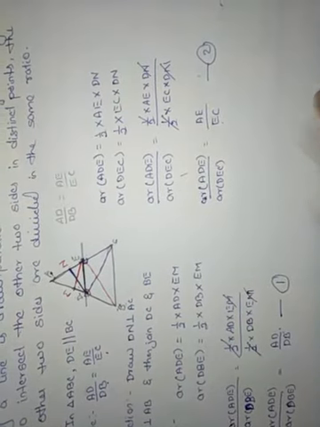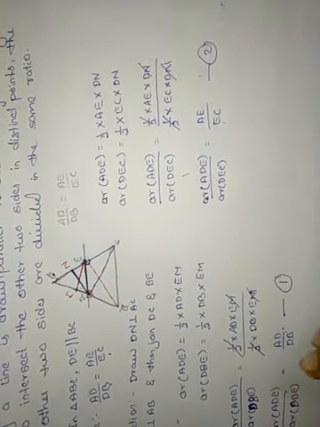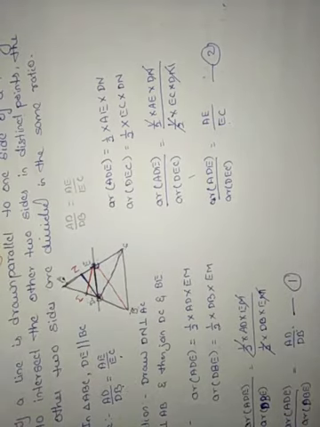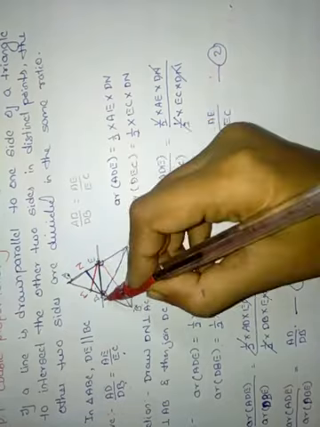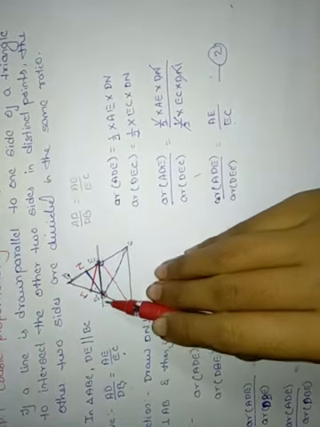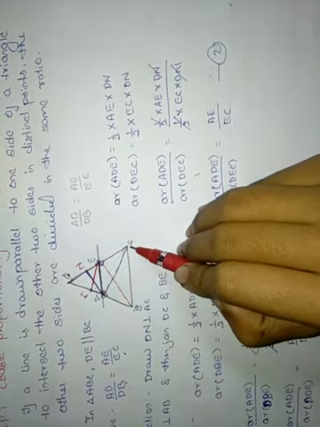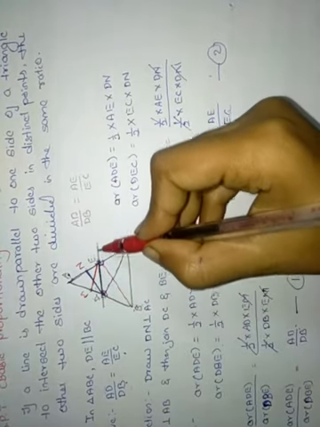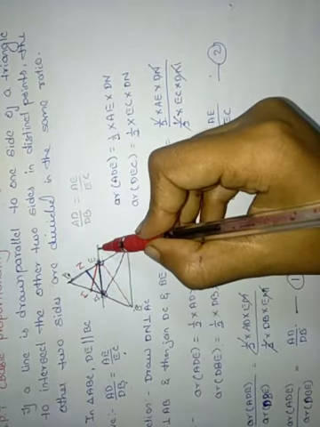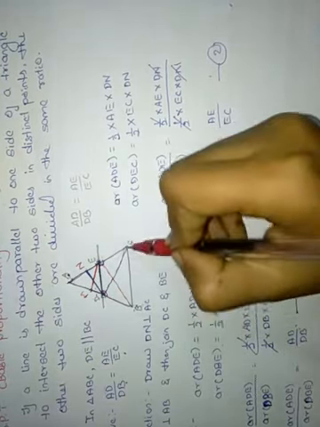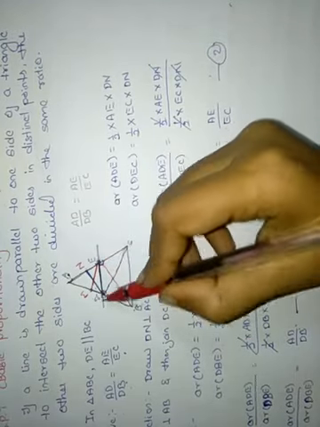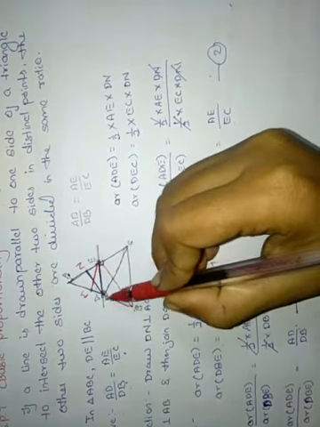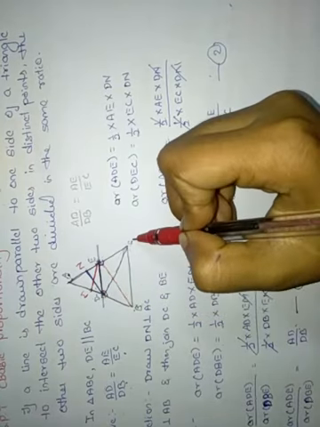To show that, one more concept arises. We can see that triangle EDB and triangle DEC lie on a common base and they lie between two parallel lines. Therefore, the area of triangle DEB and the area of triangle DEC are equal.